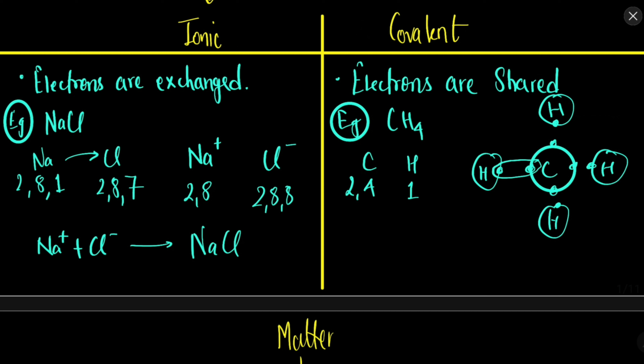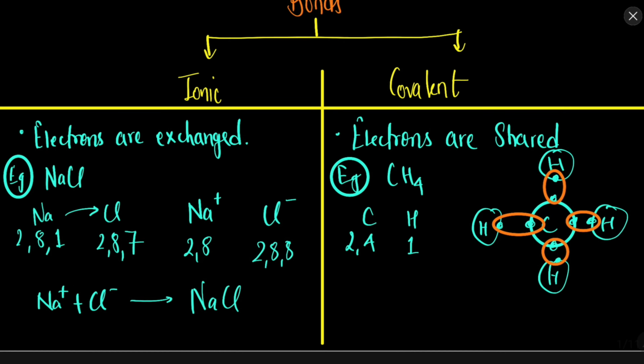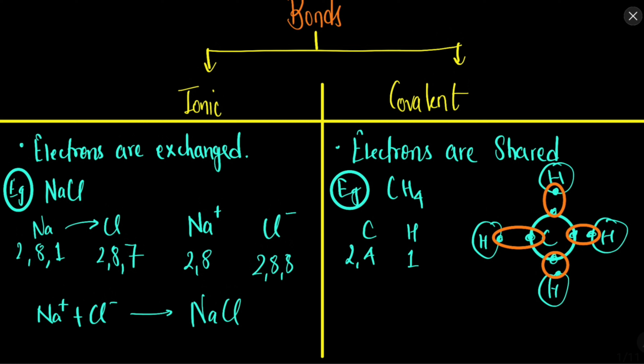So here the electrons are shared. This type of bonding is called covalent bonding. So here carbon and 4 hydrogen atoms combine to form CH4. So this is covalent bonding.